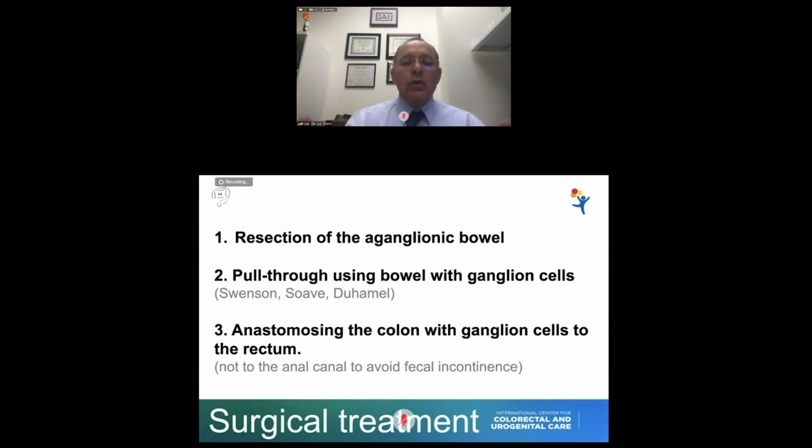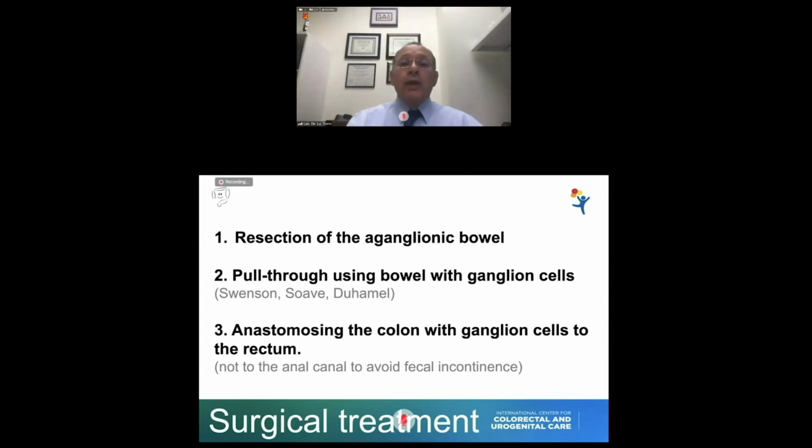In other words, we have to remove all the length of bowel without ganglion cells. The rectosigmoid and the left colon and some segment of the transverse colon if it is a long segment, or we have to do a total colectomy. We have to remove the entire colon if the patient has this type of Hirschsprung.